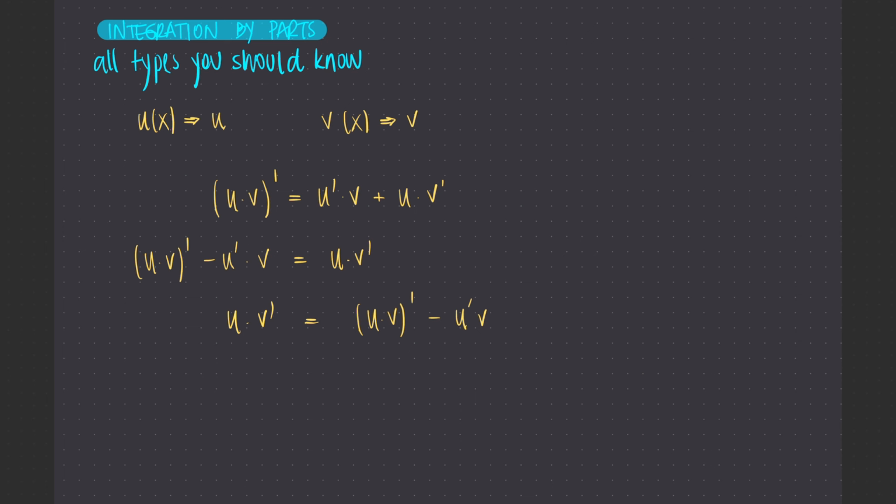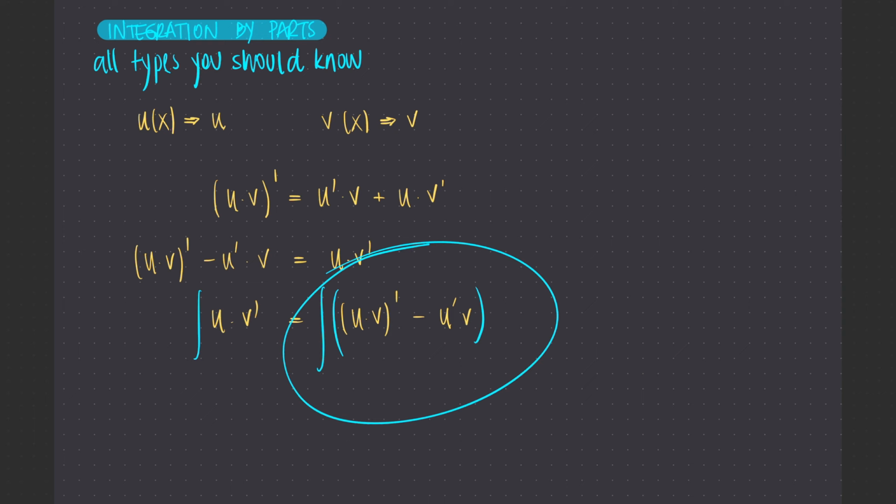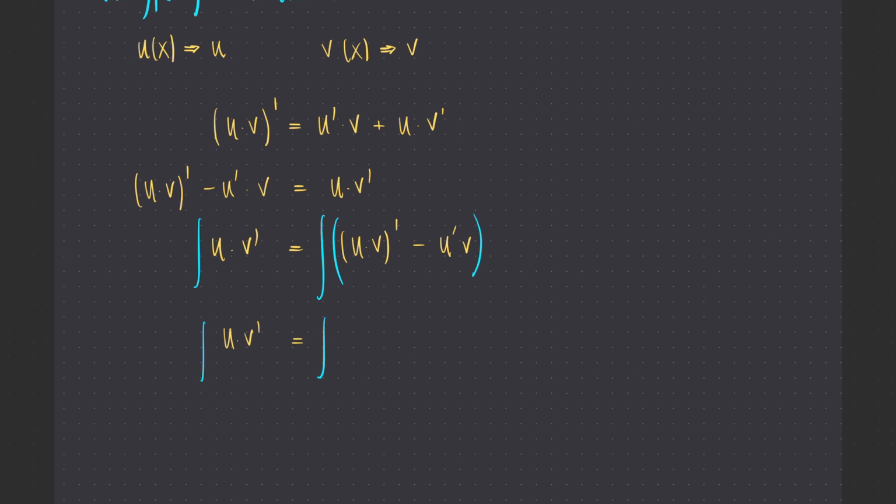Now, what we can do here is to integrate both sides. For the right one, we can split it into 2 different integrals, given that the integral of a difference is the difference of the integrals. So we have the integral of u times v prime equals the integral of (uv)', minus the integral of u prime v.